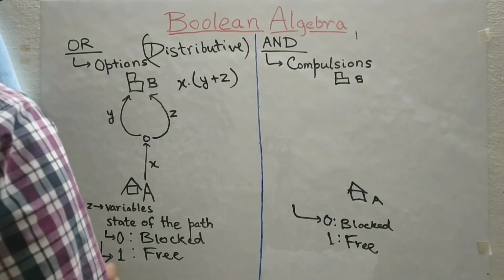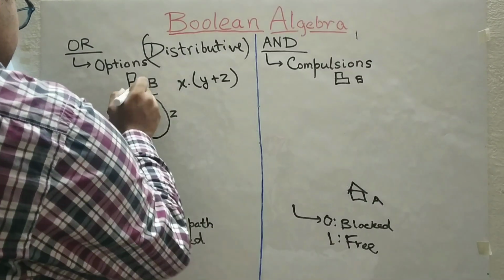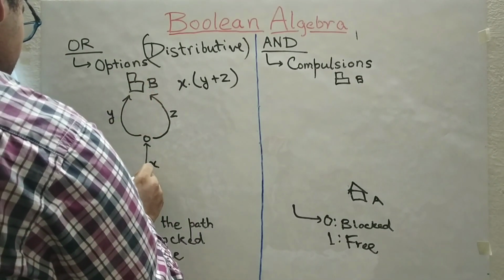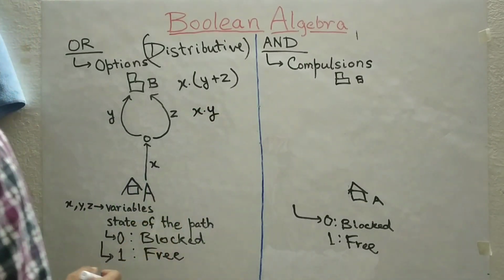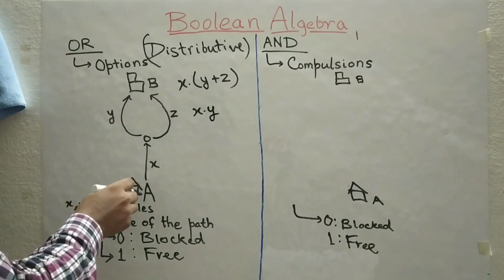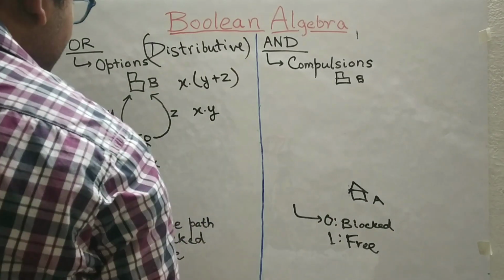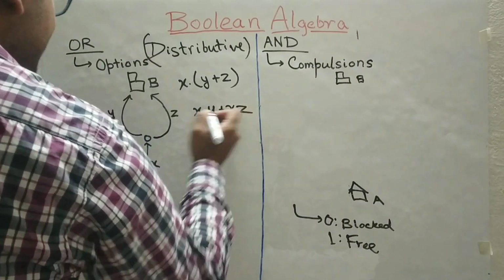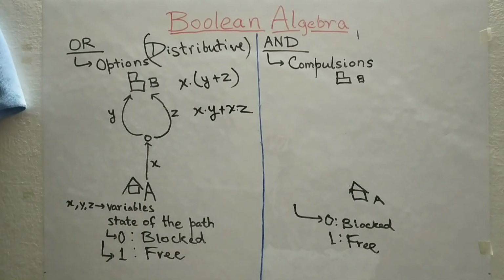However, we can say this like, the paths going from A to B, one of the paths is X and Y, another of the paths is X and Z, and these two are optional. You can either go through the path X and Y, or you can go through the path X and Z. It does not matter, right?